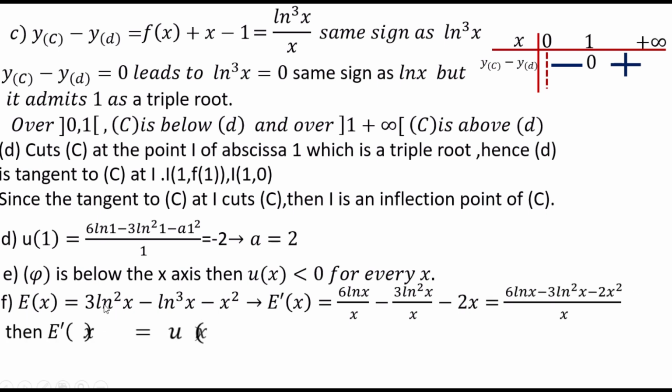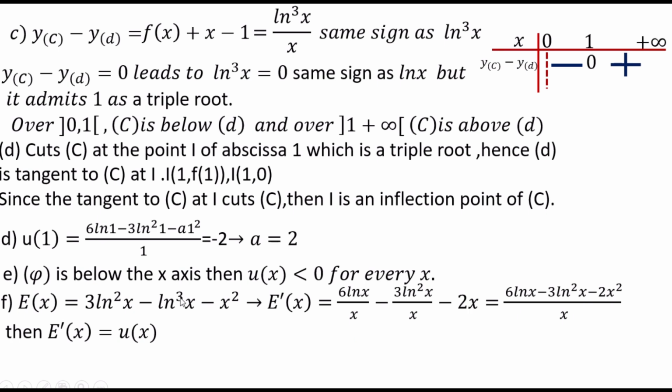E of x equals 3 ln square x minus ln cube x minus x square. We have to prove that E prime of x equals u of x. E prime of x: what's the derivative of 3 ln square x? This is of the form y equals a u to the power n. The derivative is n a u to the power n minus 1 times u prime. So this is 6 ln x times 1 over x, 6 ln x over x.